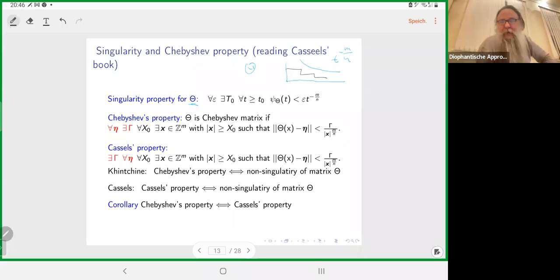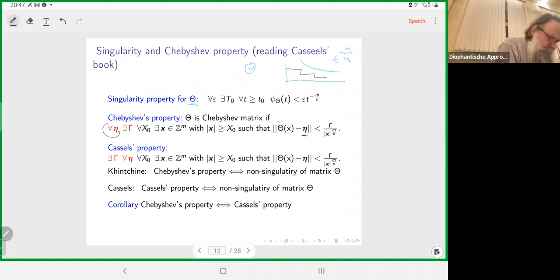But so I will speak in this way. Khintchine proved a nice theorem which shows some relations between inhomogeneous approximations and singularity. He introduced the so-called Chebyshev property, which says that for any eta here, there exists a constant such that we have infinitely many good approximations.